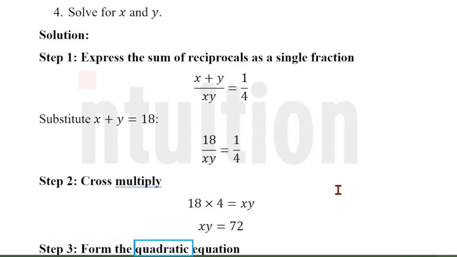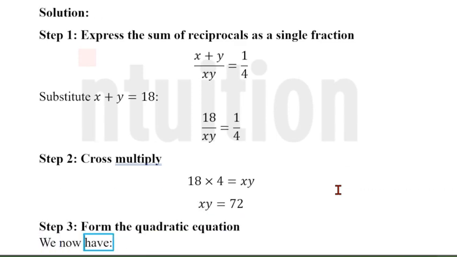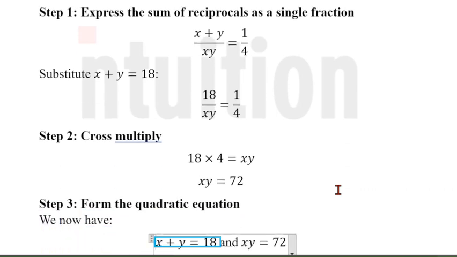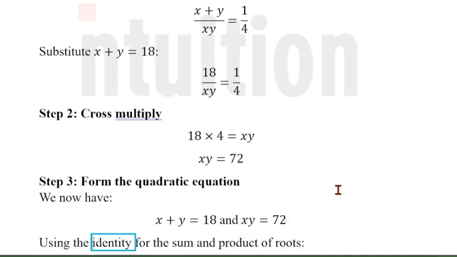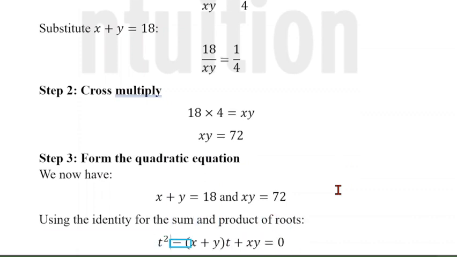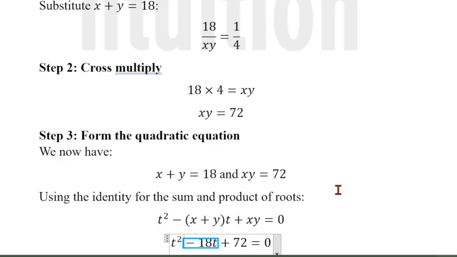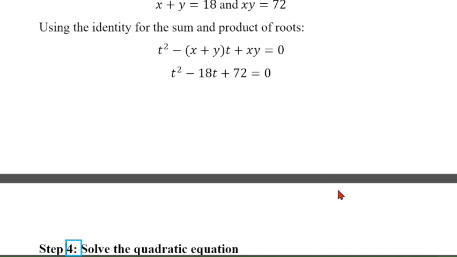Step 3. Form the quadratic equation. We now have x plus y equals 18 and x y equals 72. Using the identity for the sum and product of roots, t squared minus (x plus y) t plus x y equals 0. So t squared minus 18t plus 72 equals 0. Step 4.